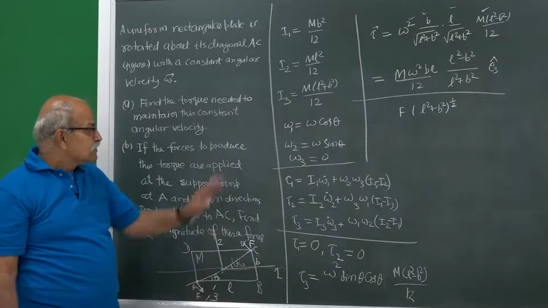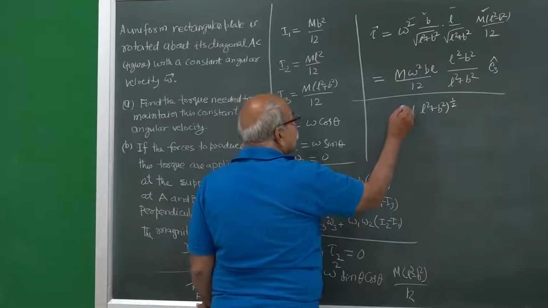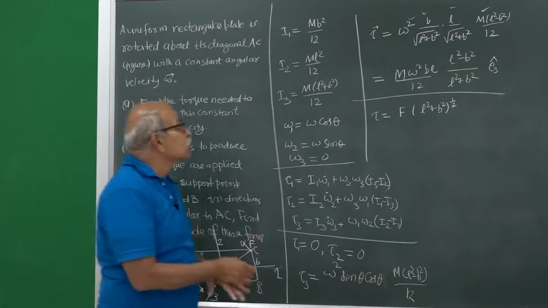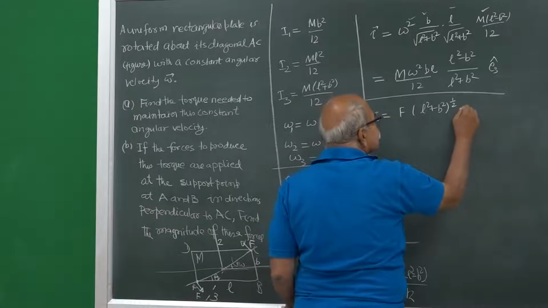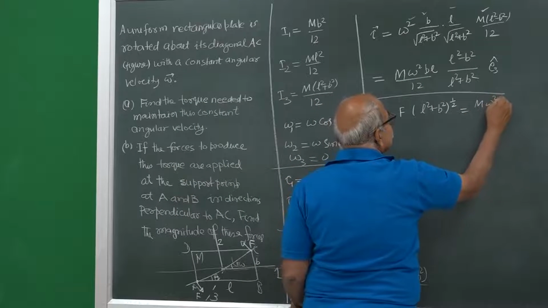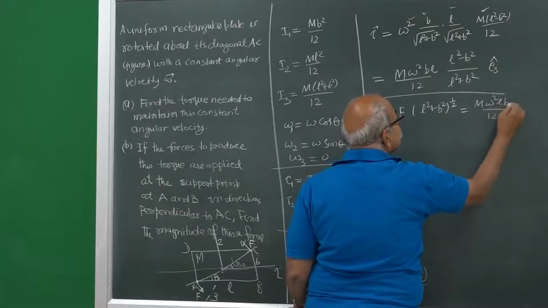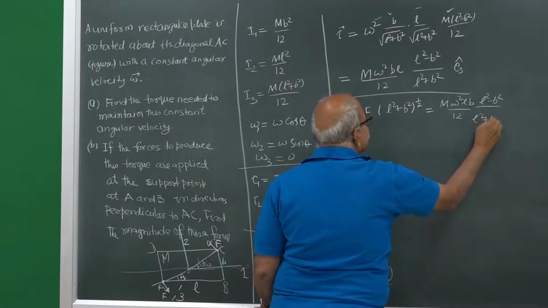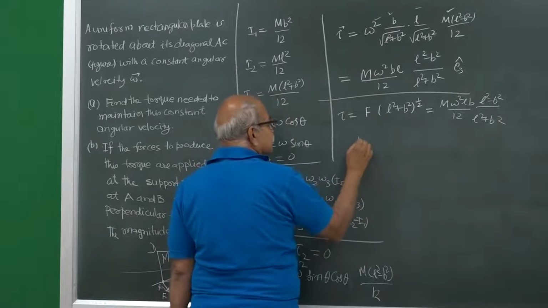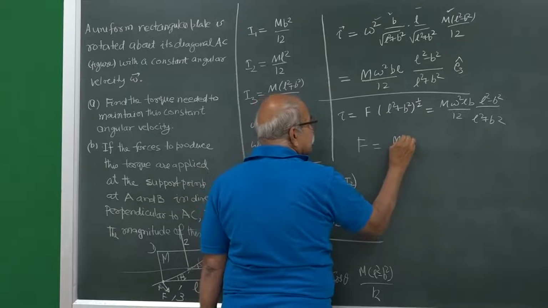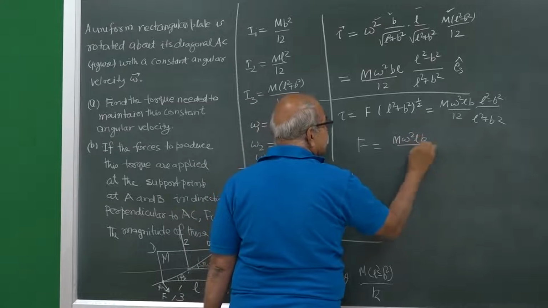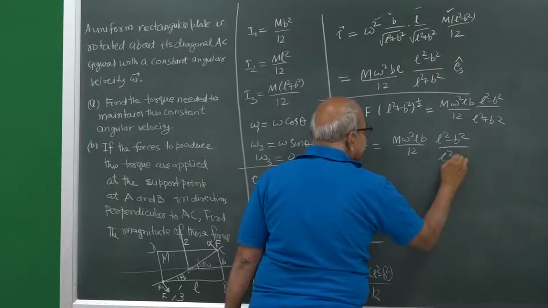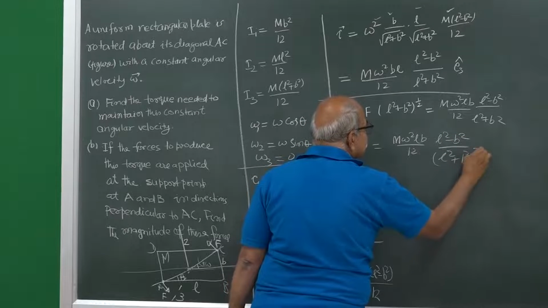So, this should be the torque if I apply F, but what I need is m omega square L B by 12 times (L square minus B square) divided by (L square plus B square), and from here you can get F. F will be m omega square L B by 12 times (L square minus B square) divided by (L square plus B square) to the power 3 by 2.